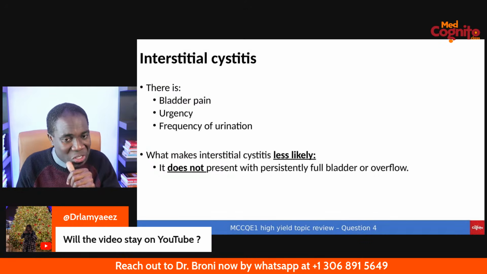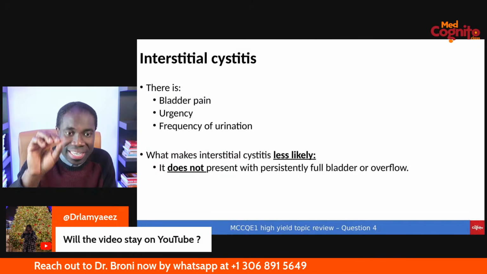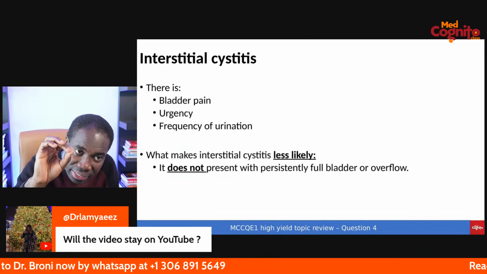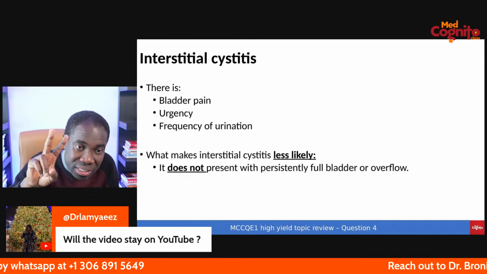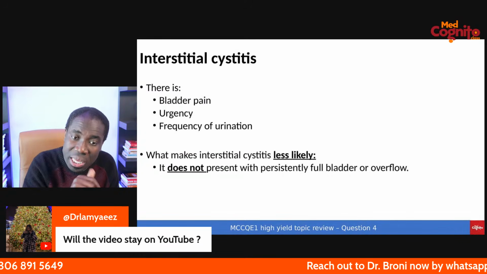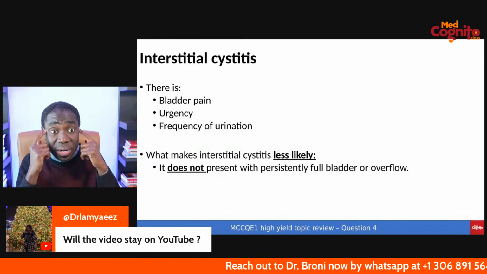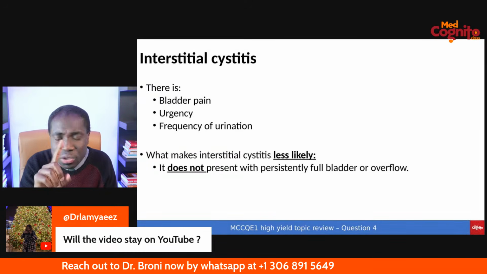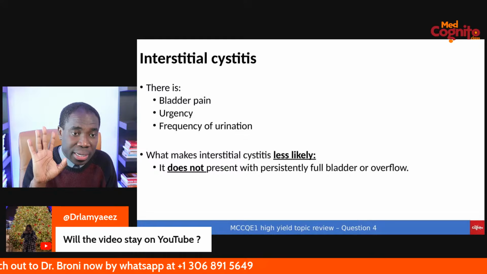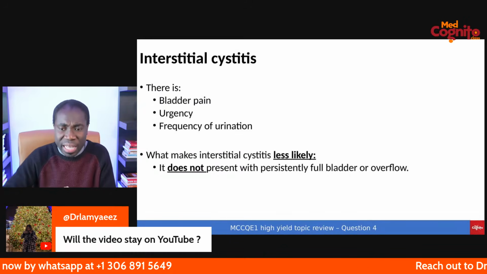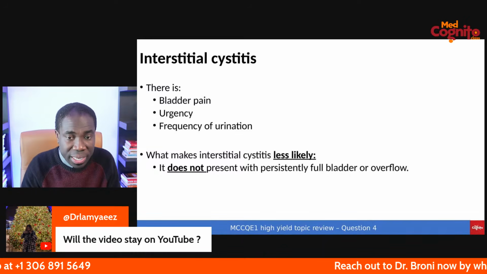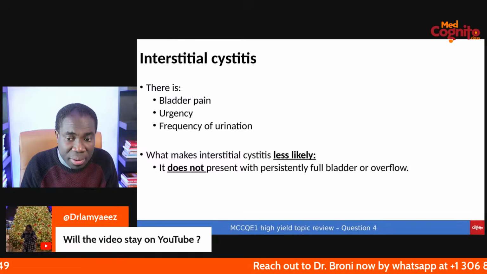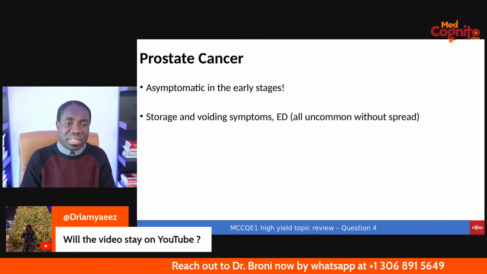Good. So, interstitial cystitis. The patient will present with bladder pain, urgency of urination, and frequency of urination, and in your board exam, always watch out: you'll never be told that the patient has a full bladder. Because as soon as the patient feels like peeing, boom, he has to go and it will come out. Okay, good. What about prostate cancer?